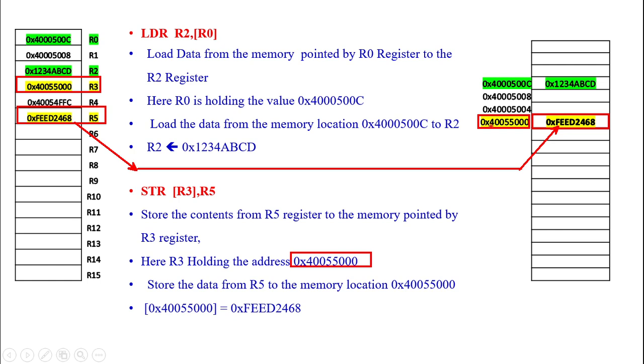This is my R3 address, and the data from R5 is stored there. So that means the memory location will get loaded with FEED2468. This process is called store: storing data from register to memory. The previous case was loading data from memory to the register. This complete process is called load and store architecture.